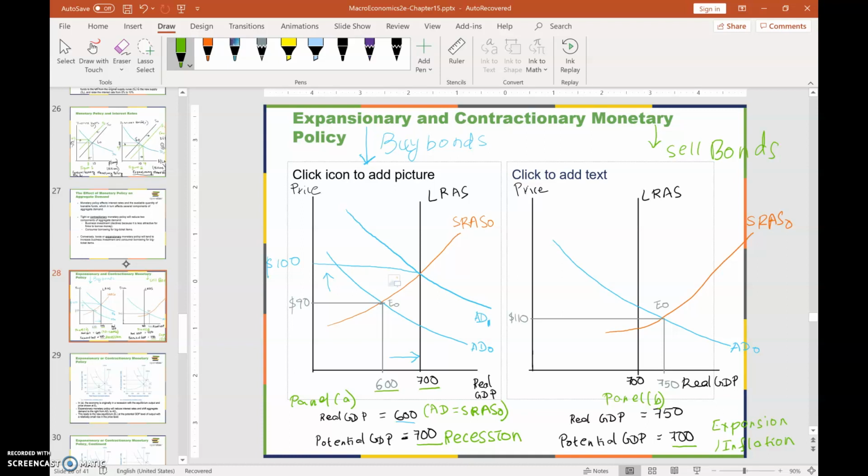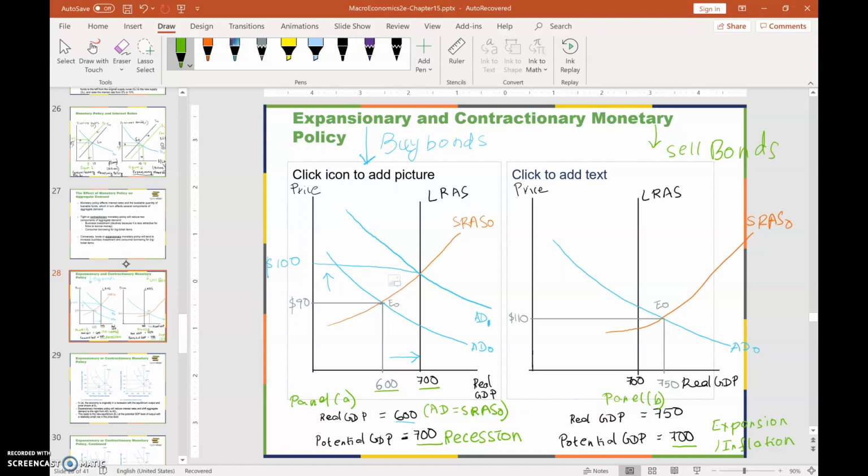Now, if you look at the graph on the left, you'd see the real gross domestic product is 600, which we get at the intersection of the aggregate demand curve and the short-run aggregate supply curve. Because the real gross domestic product is less than the potential gross domestic product, the economy is in a recession.